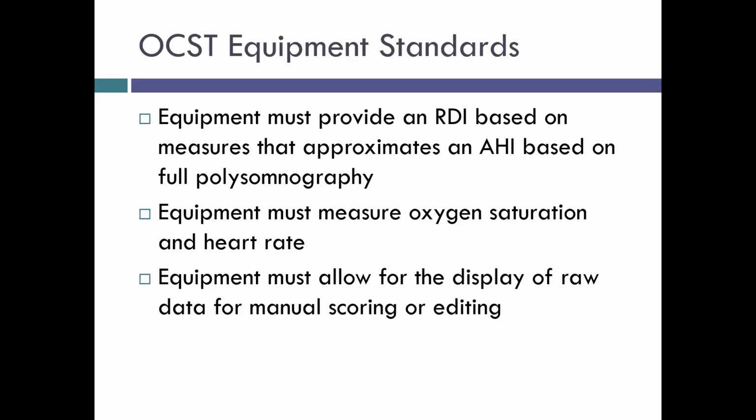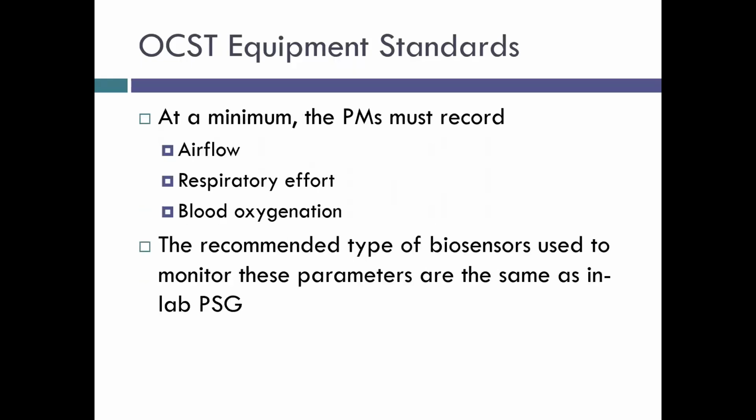Equipment has to measure O2 and heart rate, so that's the oximeter, and we have to be able to look at the raw data. That's just the technical standards, so you can manipulate the raw data and manually score it. At a minimum, the portable monitors monitor the patient's airflow, respiratory effort, and blood oxygenation, and we're using the same type of sensors that we would use in an in-lab: RIP belts, a nasal pressure transducer, and a SAT probe.